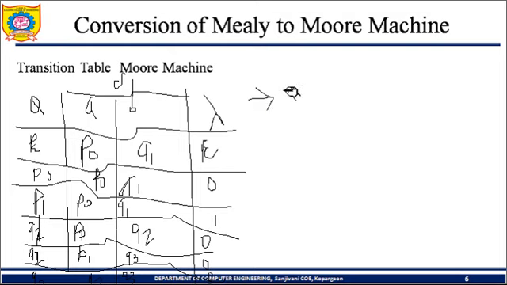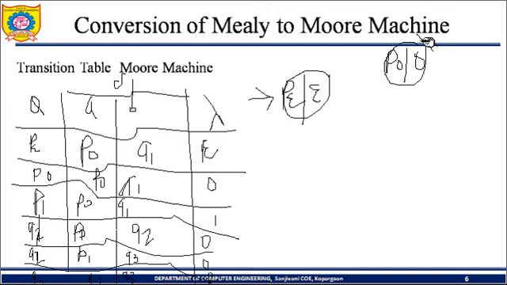So P epsilon with epsilon output. We know that in the case of the Mealy machine, the output is associated with the transition. P epsilon with epsilon output. Next, P0 with 0 output. After that, P1 with 1 output state.